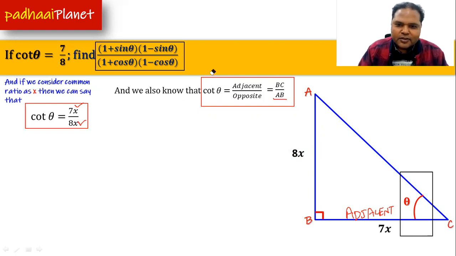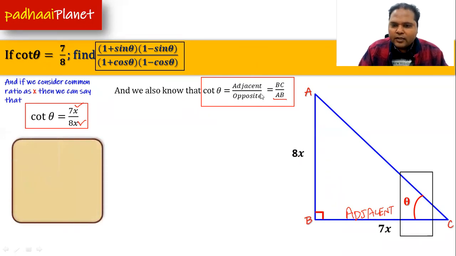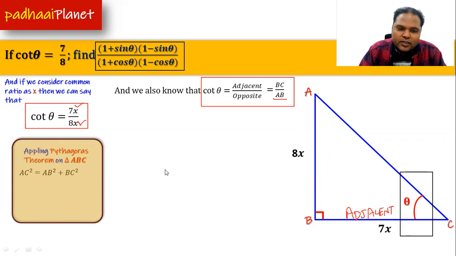Now the question is that we need to find sine theta, and sine theta needs the hypotenuse of the triangle. To find the hypotenuse, we are going to use the Pythagoras theorem. If we apply the Pythagoras theorem on our triangle ABC, then AC square is equal to AB square plus BC square, and it can now be written as 8x whole square plus 7x whole square, because the values of these are already given.